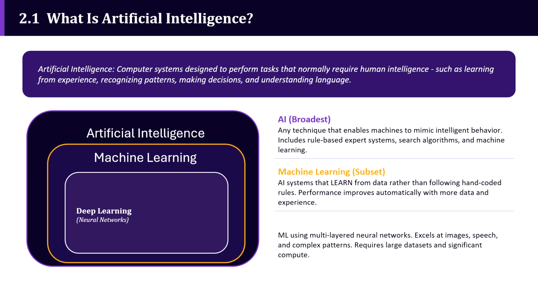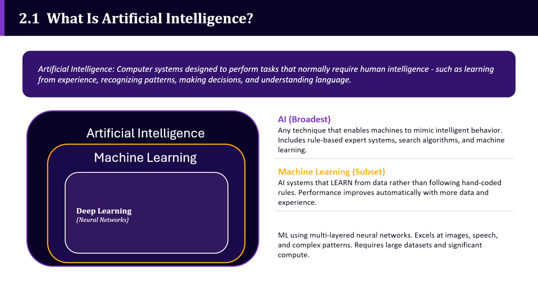It's the broadest term, referring to any computer system designed to perform tasks that normally require human intelligence. Importantly, artificial intelligence includes techniques that have nothing to do with learning, classical rule-based expert systems, for example, that simply encode human knowledge as if-then rules. These are artificial intelligence, but they are not machine learning.